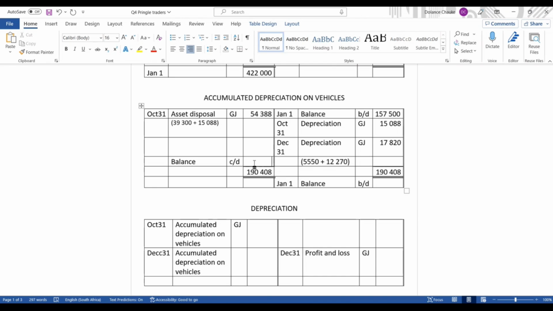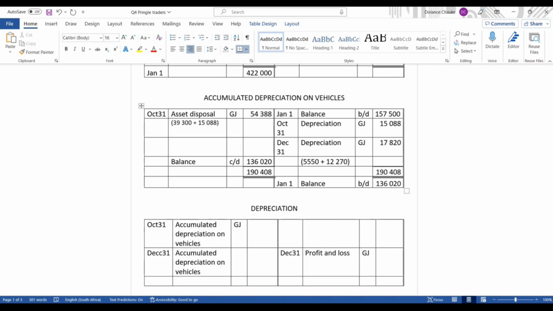It's 136,020. Then you know this is the closing balance of this year, and it will be the opening balance of next year. We're done. Then we are happy.